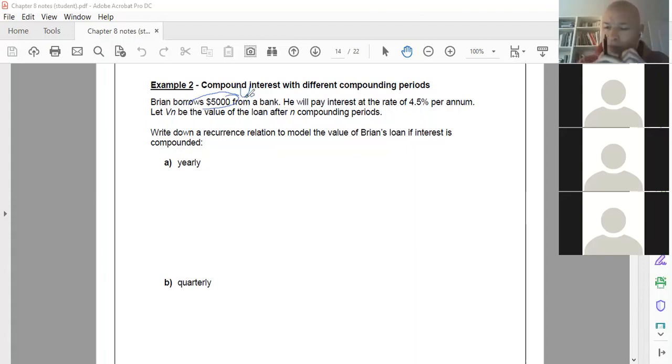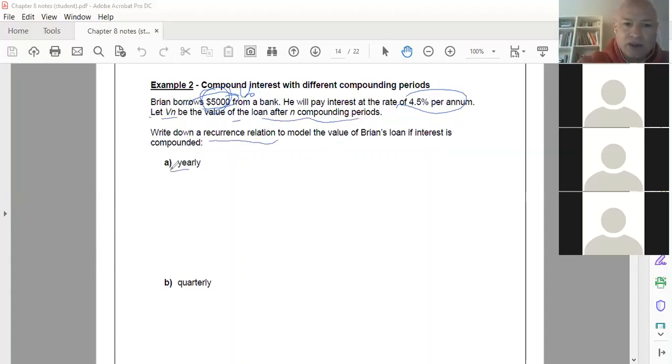Now, he's borrowing money. So when you borrow money, the bank does charge you interest. And it's added onto it, and you still need to pay off not only your loan, which is $5,000 here, but the interest as well. So we've got to be careful here that R is going to go up, that interest rate. So he'll pay interest about 4.5% per annum. Let Vn be the value of the loan after n compounding periods. Write down the recurrence relation to model this.